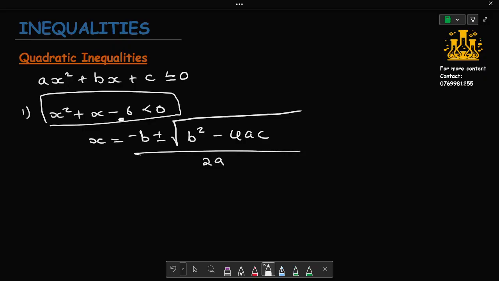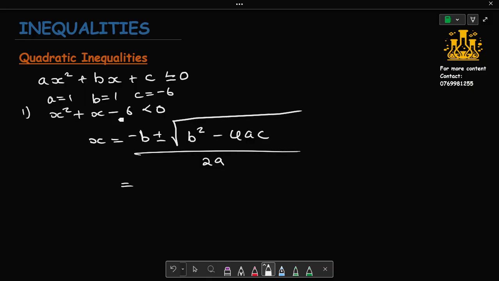And critical points are just points that will make this inequality be 0. So we need to find those points. And we need to find our a, b, and c. Our a is 1, our b is 1, our c is negative 6.